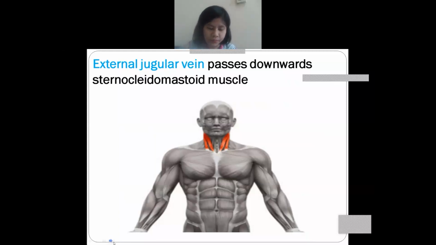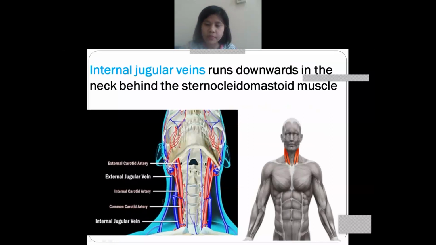Yes. Okay, next is the internal jugular vein. From the name itself, internal means inside. So it will be here, just nearby the carotid artery.